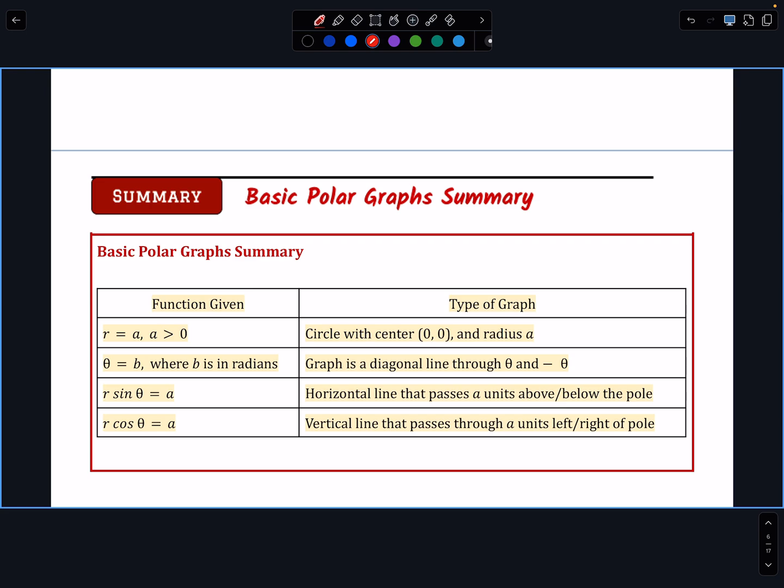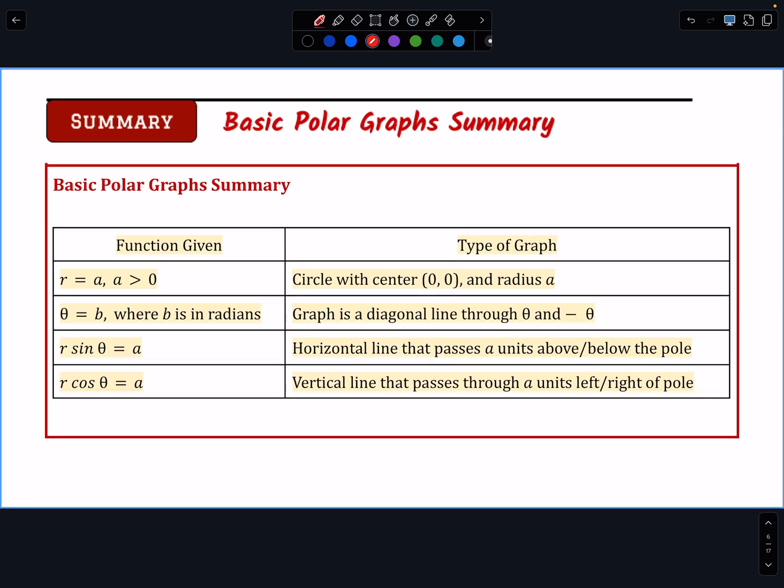If you guys can do me a favor, you should have this box. Go ahead and tape this in.